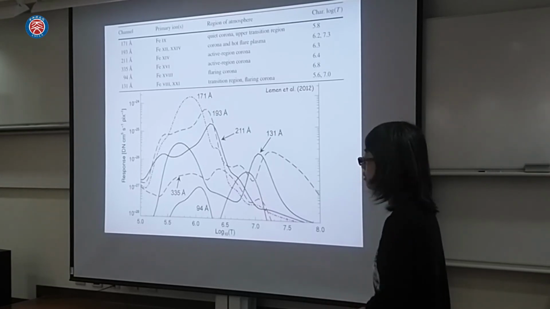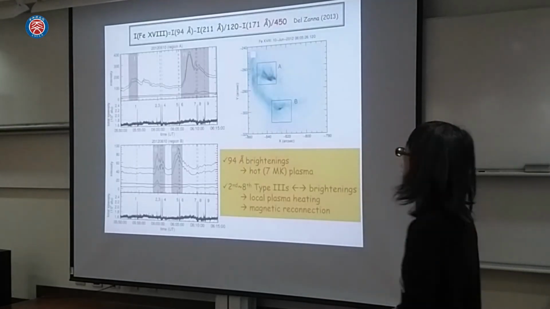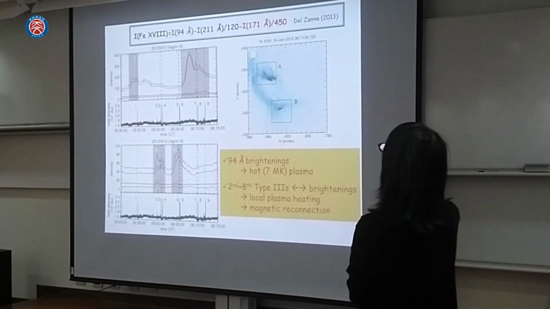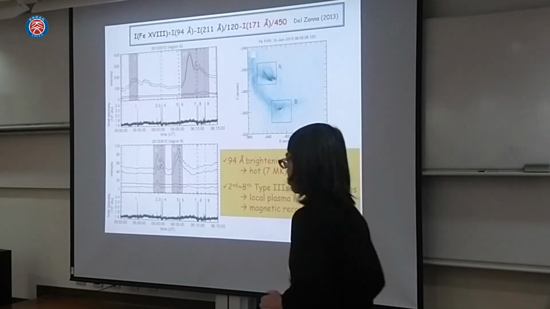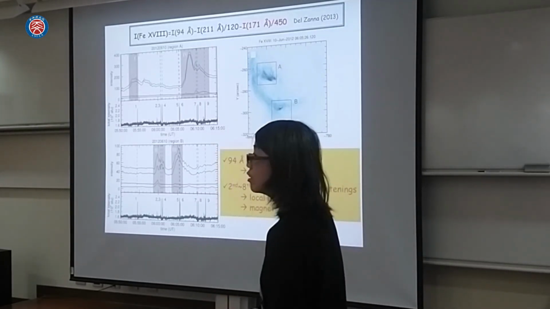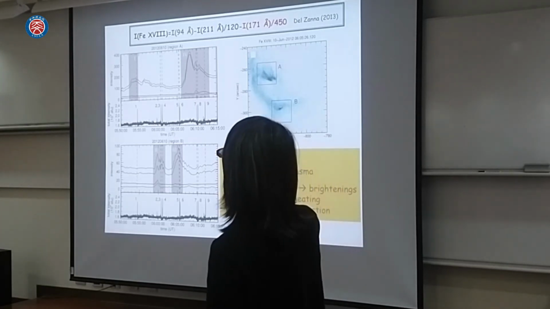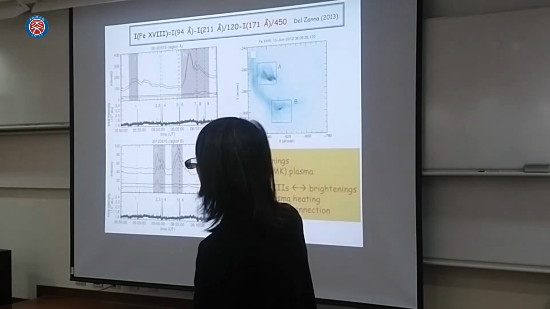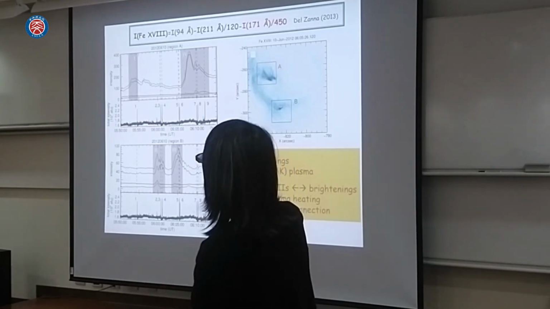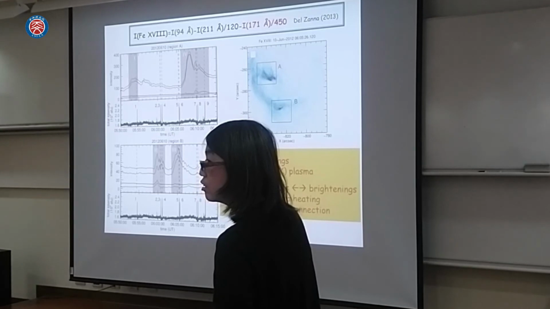So we adopt the formula, or the method, presented by Leonard in 2013. Using this formula, we can derive the contribution of hot plasma from the 94 image.